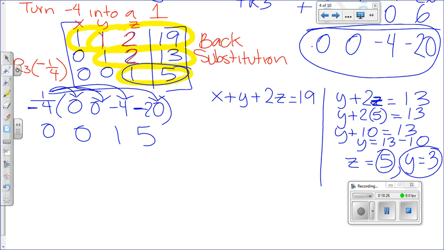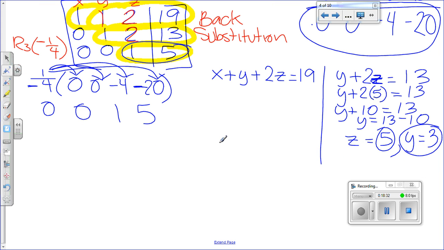So now we have two numerical answers. One for z, one for y. And what we need to do next is substitute those. So in x, we substitute this y with 3. And we substitute z with a 5. And then we solve that just like a regular linear equation.